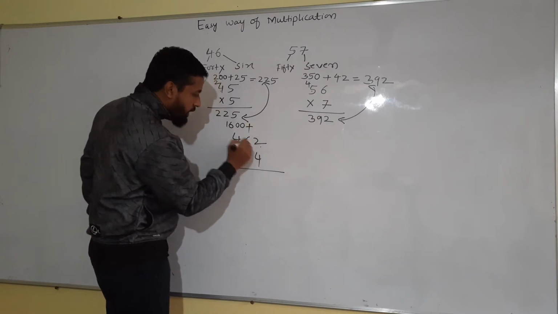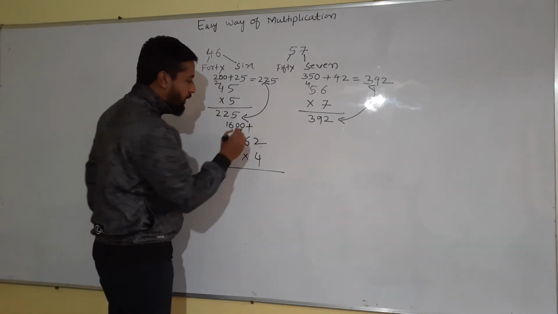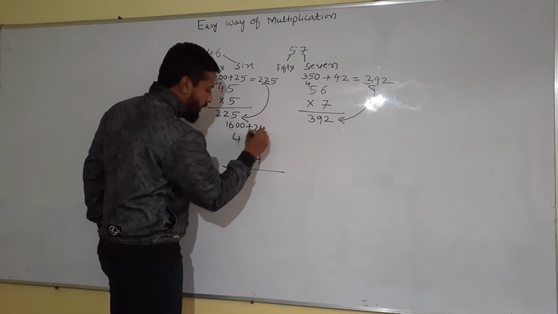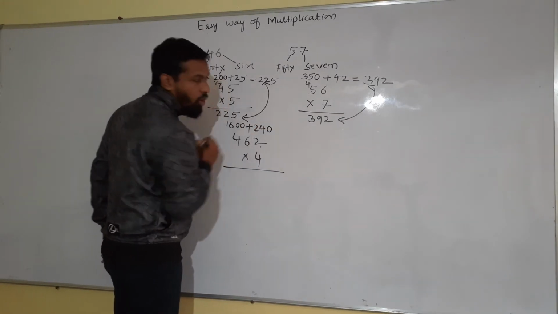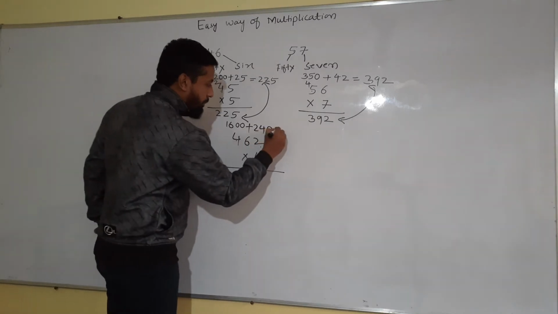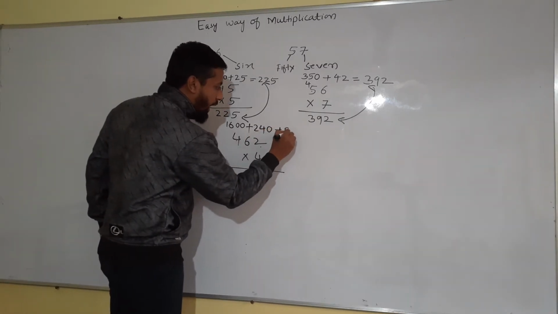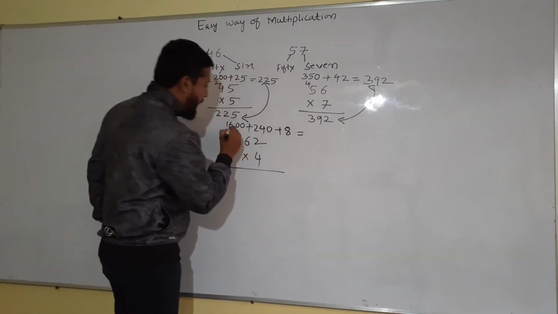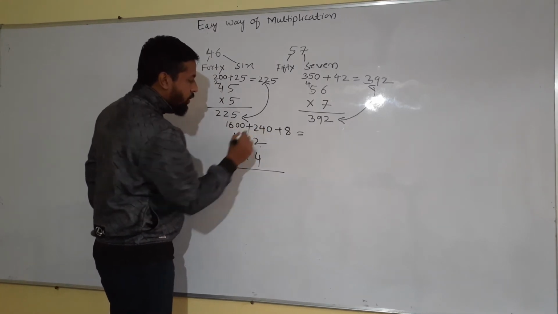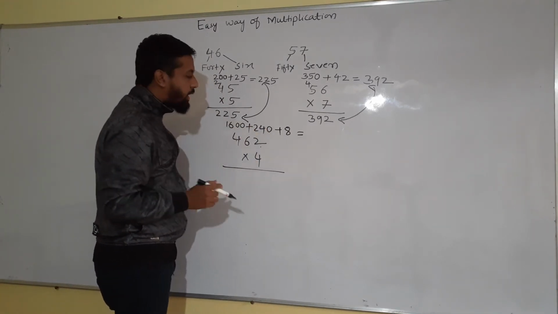Plus 4 6s are 24. This is 60, so 1 zero we have to add. Then plus 4 2s are 8. Now when you add 16 hundred plus 240, it will be 1840.